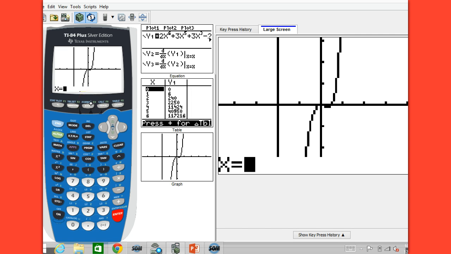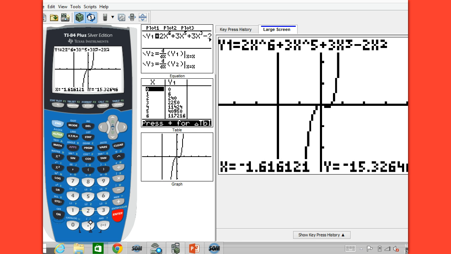So what we had gotten was negative 1.616121 or 22 or something like that. And so it'll find the y value that goes along with that. So that's, again, using our calculus in combination with our calculator to do some of that tedious work for us.